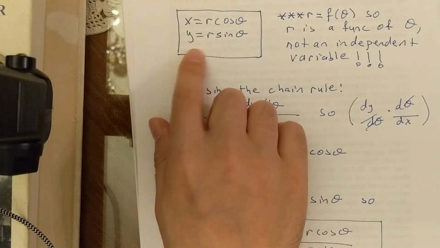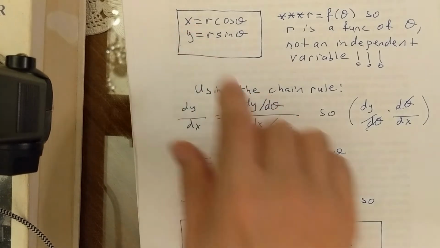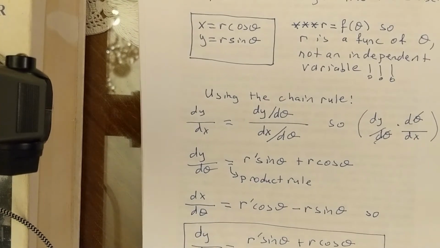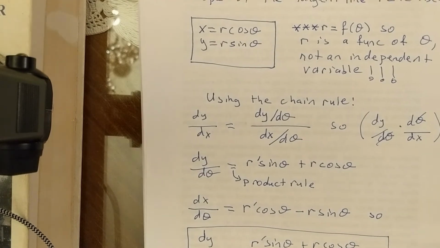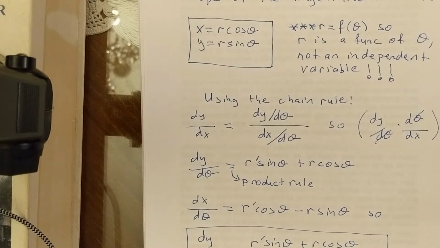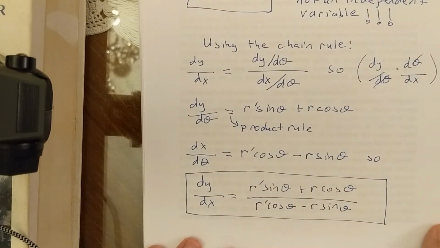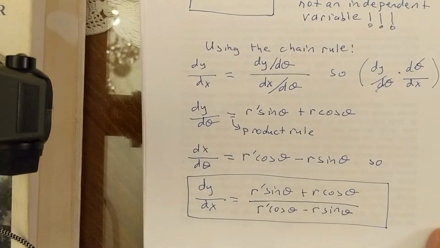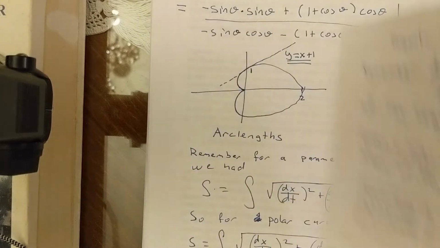Make sure you take the derivative of y with respect to theta first and divide by the derivative of x with respect to theta, okay, in that order. You usually write x first, y later, so you kind of get messed up when you're taking derivatives. Be careful, okay? So we have this formula. I'll admit it's not that pretty, but it's useful. So the first thing we should do, I think, is do an example.